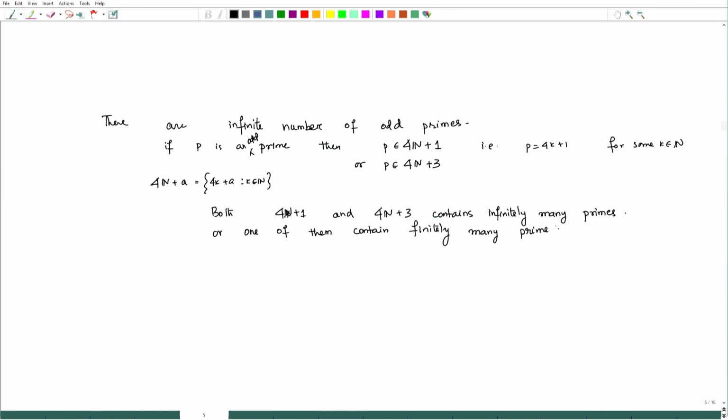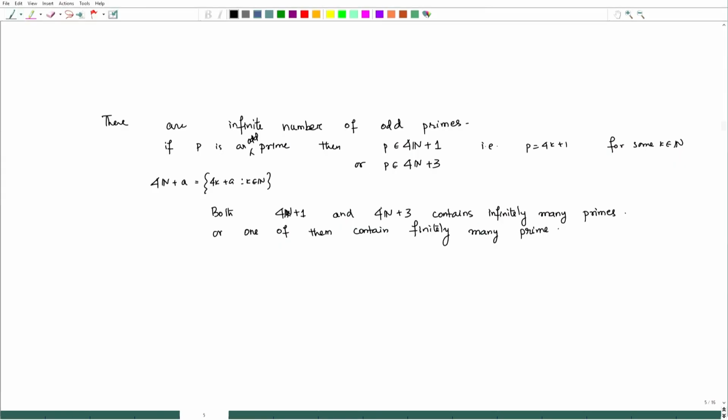Because simple logic says that if there are infinitely many primes, then obviously one of them has to contain infinitely many primes. So, it can happen that one of them contains only finitely many primes, or one contains infinitely many, or both contain infinitely many primes.